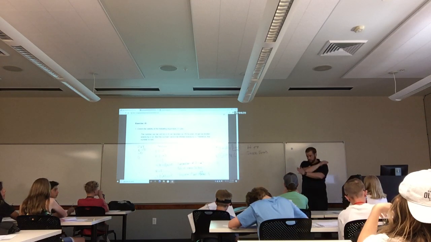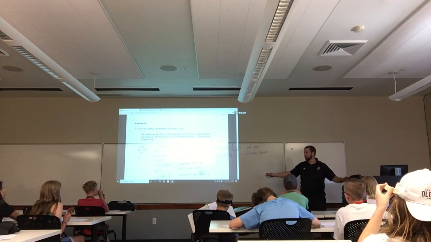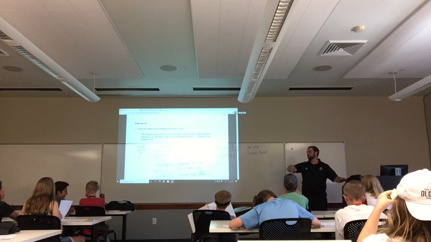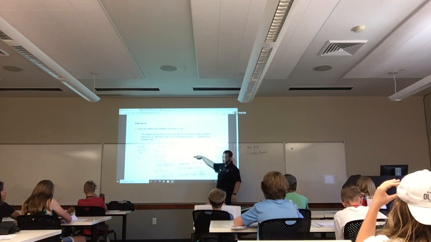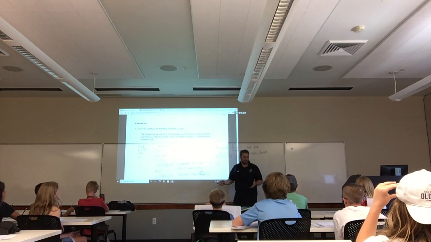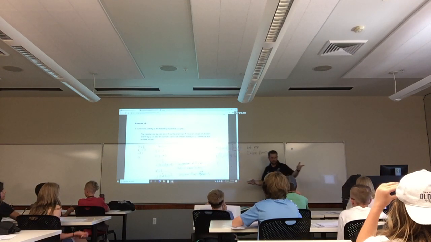Guys, proofs are not the same. It depends what you're given and the steps you take. Here we were given different things, so to get to our conclusion, it takes a lot more steps. Does that make sense? Answer your question?